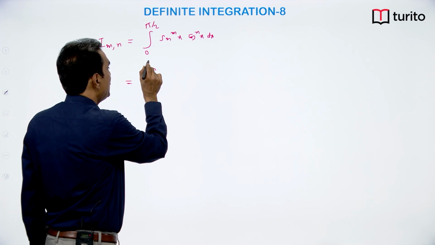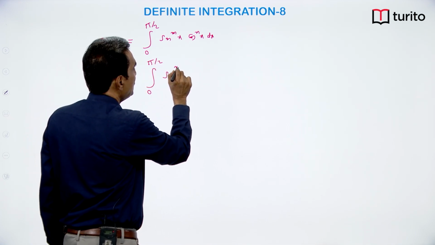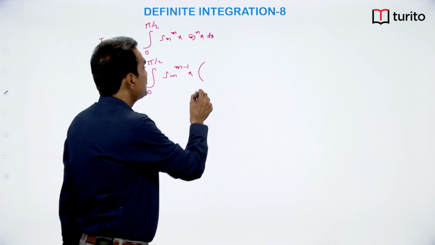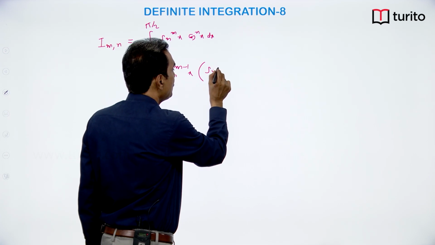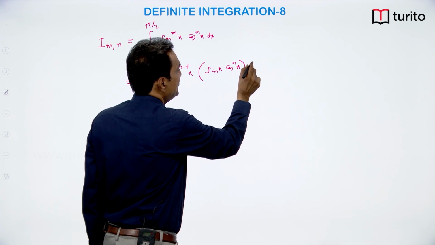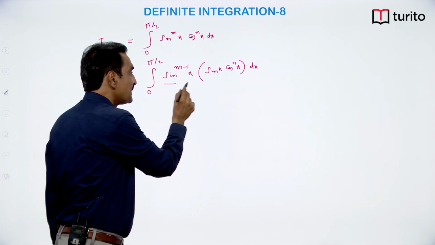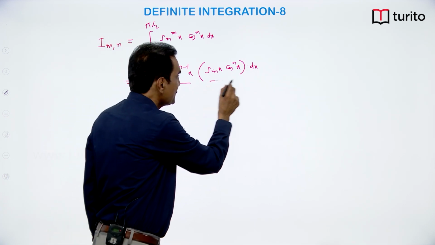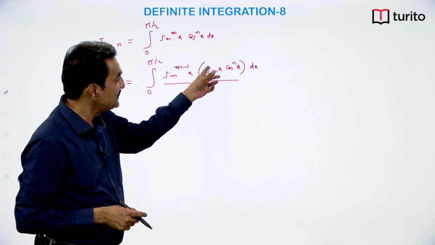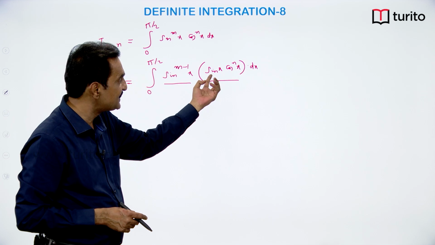Integral 0 to pi by 2, you write it as sin power m minus 1 x into sin x into cos power n x dx. You can write it like this. Now taking this as first function, this as second function, we can integrate it by parts. Why is this the second function? Because this is integrable. You can integrate this because the derivative of cos x is sin x.